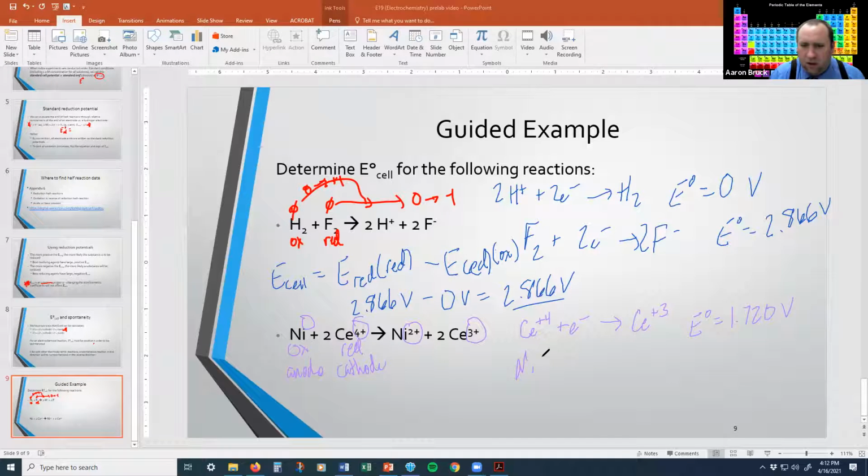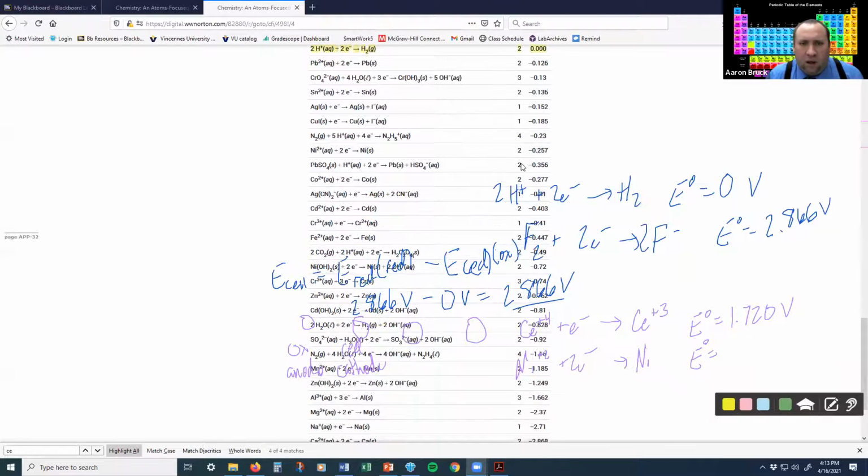Nickel +2 going to nickel 0, we found that value before. We'll find it here again: -0.257.